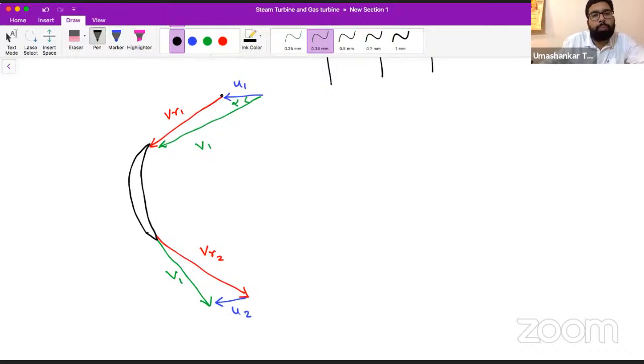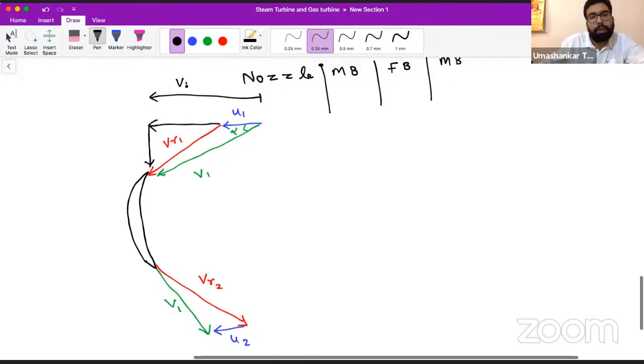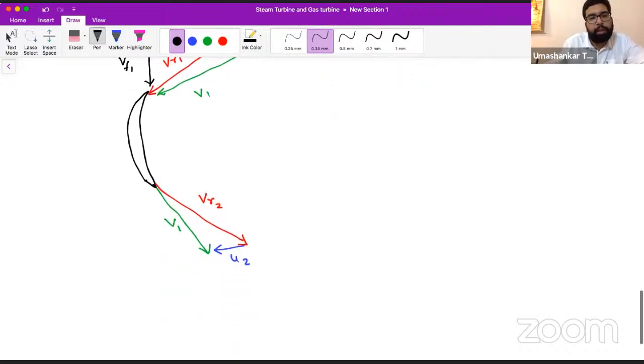From these velocities, we can draw the rest of it. This much distance was VW1. This was VF1.